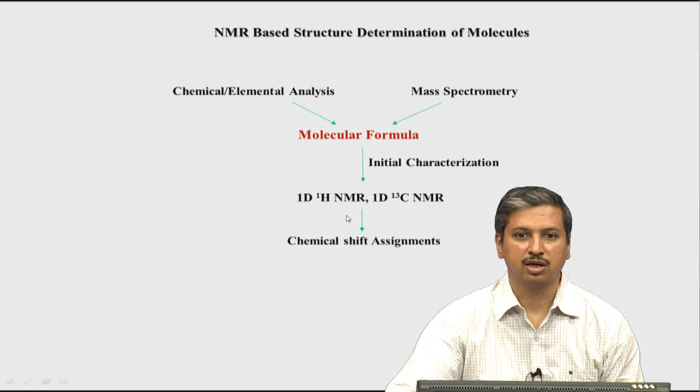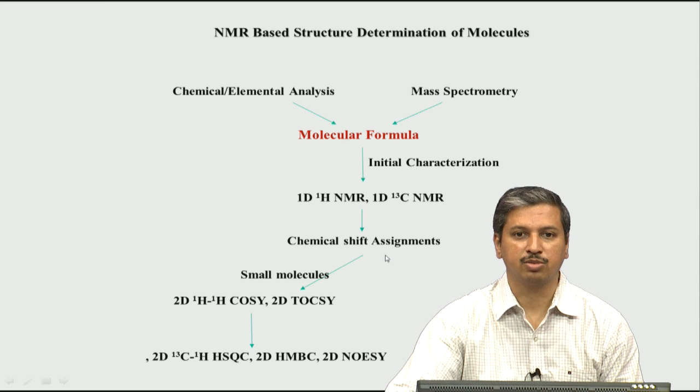Once you have done that, we now need to achieve chemical shift resonance assignments. For that, we need to go to higher dimensional, that is 2D NMR. For small molecules, organic compounds, typically this set of experiments is sufficient to establish the resonance assignment. So, all of these experiments we have seen in this course.